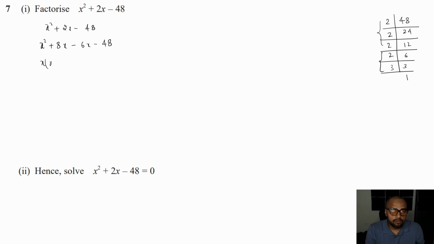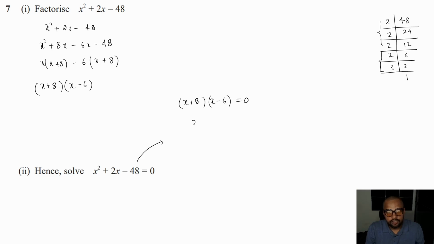Taking x common here, we get x plus 8, and taking minus 6 common, we get x plus 8 again. In the whole expression x plus 8 is common, so x plus 8 times x minus 6 is the factorization. Now in the second part, they have told us to solve it. So we need x plus 8 times x minus 6 equals 0.